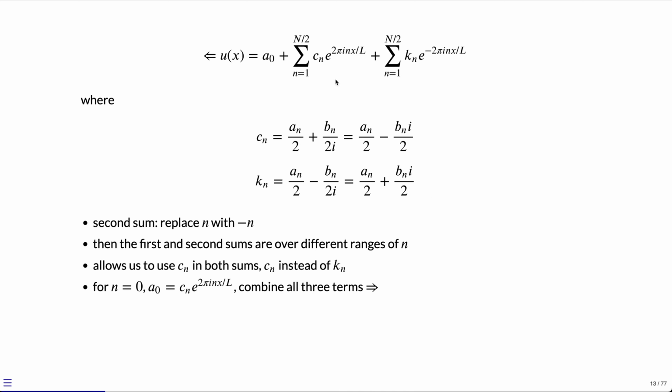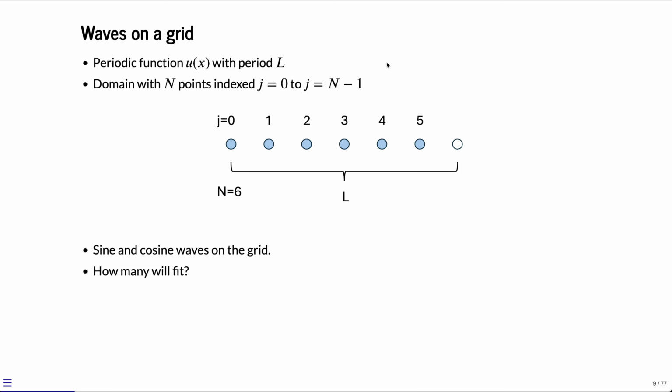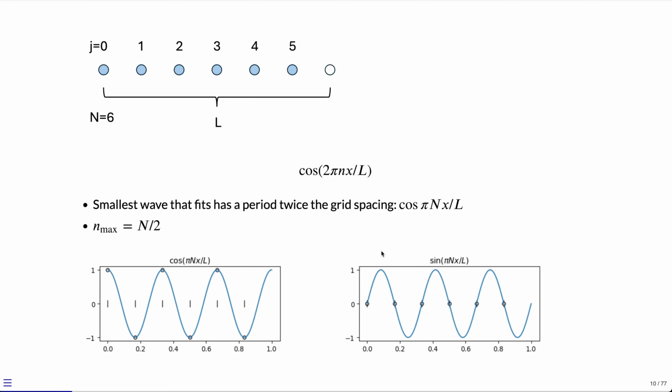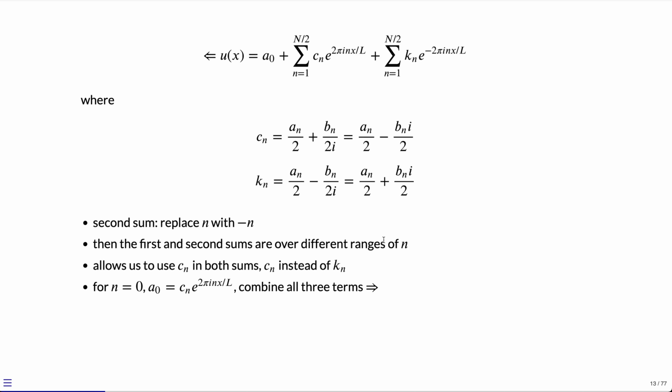Now, what we want to do is make a single summation out of this, because remember, we're trying to get to this thing with the single summation and these e to the 2 pi i n x over L with just the positive component, not this negative component. So let's see how we can do that.